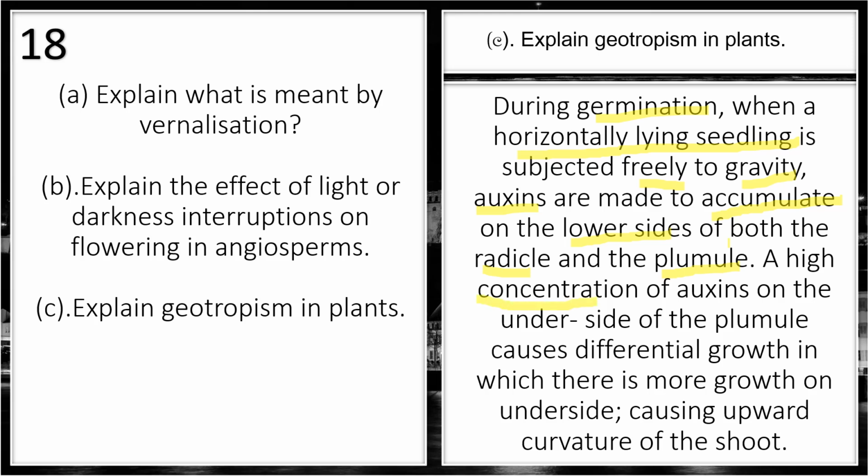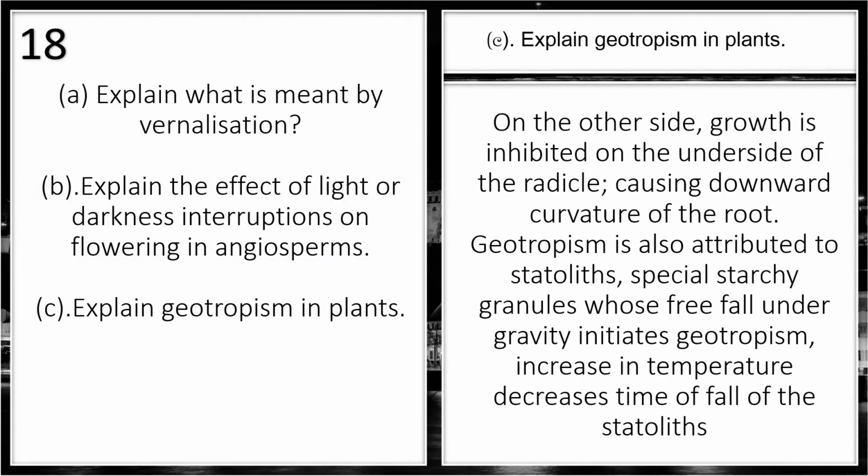A high concentration of auxin on the underside of the plumule causes differential growth, in which there is more growth on the underside, causing upward curvature of the shoot. On the other side, growth is inhibited.